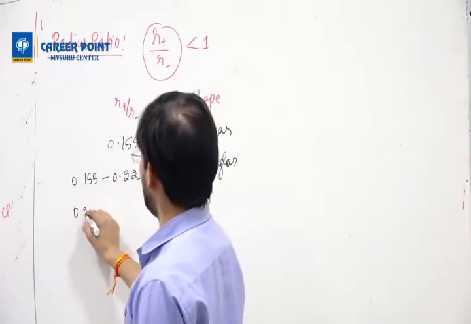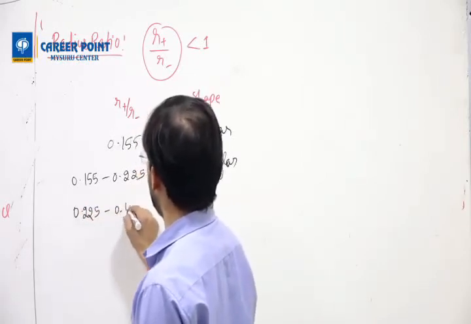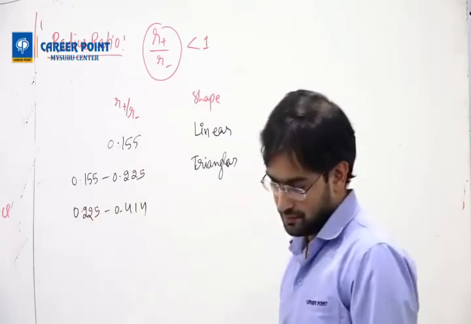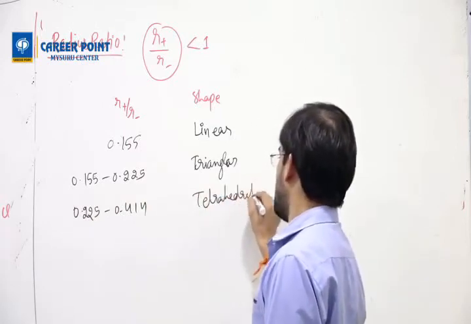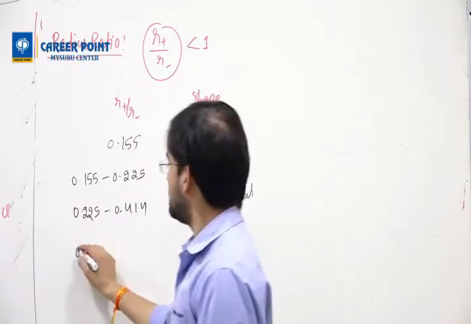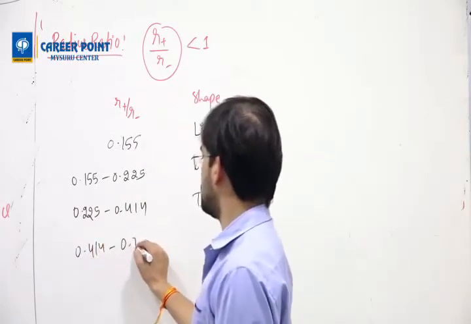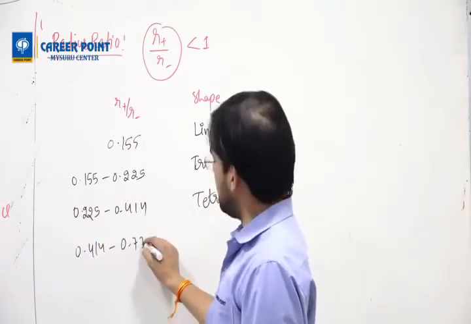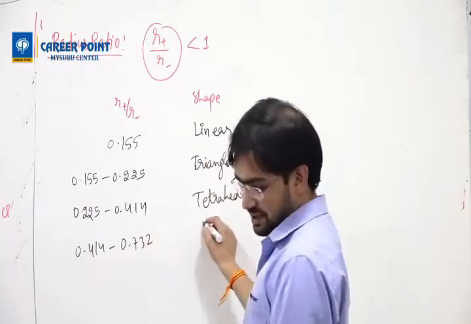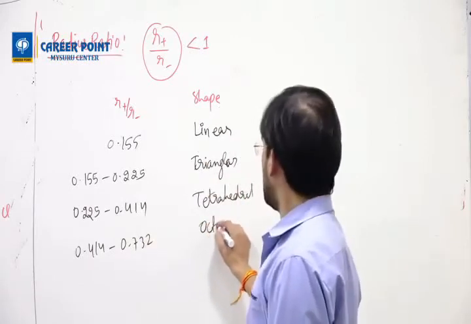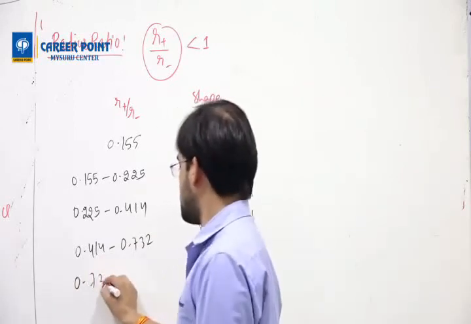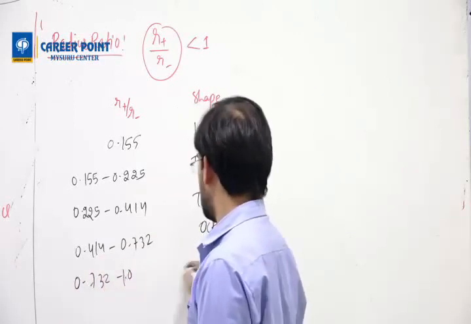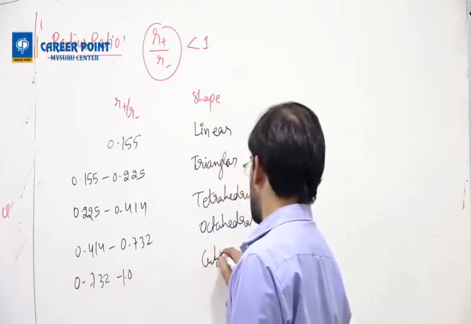If it is 0.225 to 0.414, then it is known as tetrahedral. 0.414 to 0.732, then it is known as octahedral. 0.732 to 1.0, it is known as cubic.